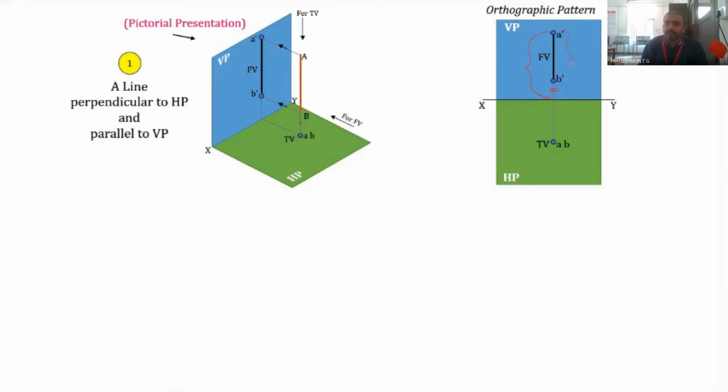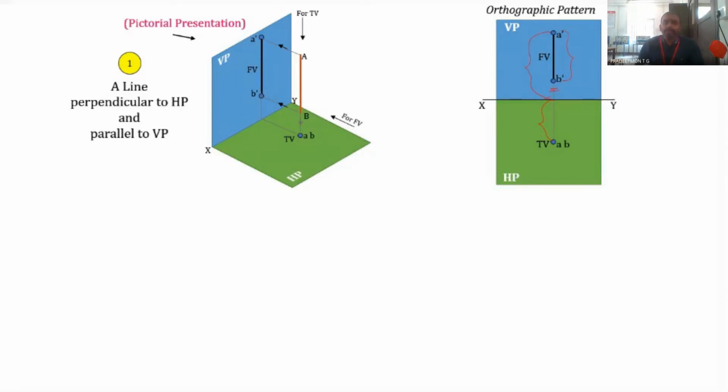And this distance should be equal to the length of the line AB. And now this distance should be equal to the distance of the line from VP. Since the line is parallel to VP, the distance will be the same even if we measure from any point. So the distance of the line from VP is marked in the top view. So this is the orthographic projection of this particular condition.